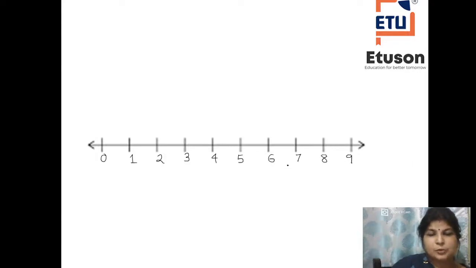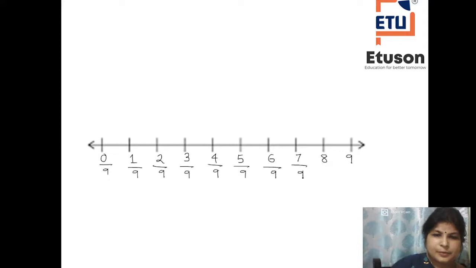You need 4 by 9. So what you do? You divide by 9. 4 by 9, 5 by 9, 6 by 9, 7 by 9, 8 by 9, and 9 by 9. What is 9 by 9? It is 1. 0 by 9 is 0.